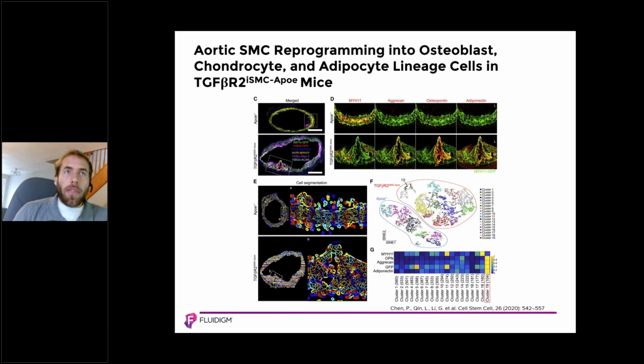When the authors then went to image these aortas, they realized that there's a GFP reporter highlighting the smooth muscle cells, so you can see those in green.